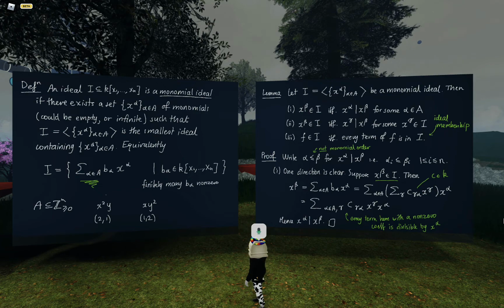So there must exist some expression of x^beta in that form. Yes, but at the end, you conclude that x^alpha divides x^beta for a certain alpha, right? Yeah. You're right. Yeah, for some alpha.